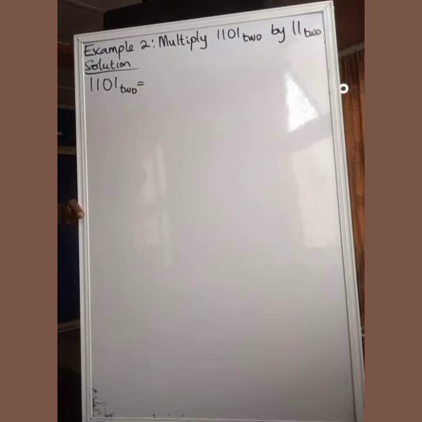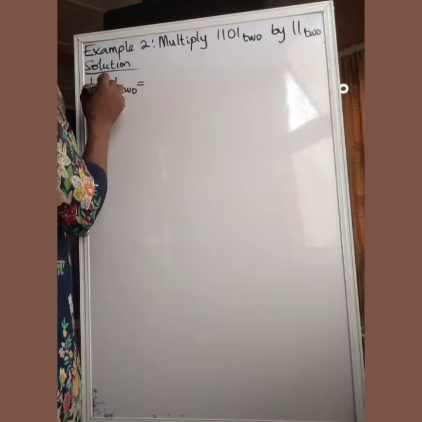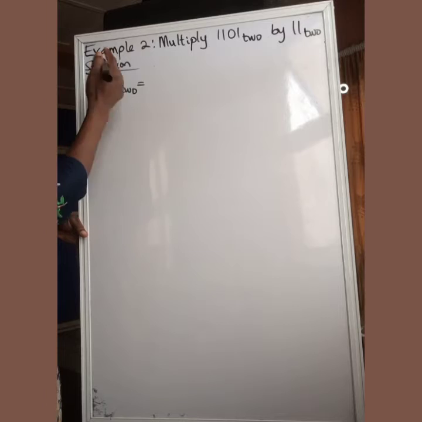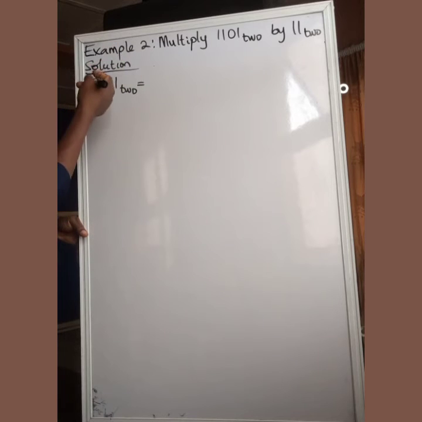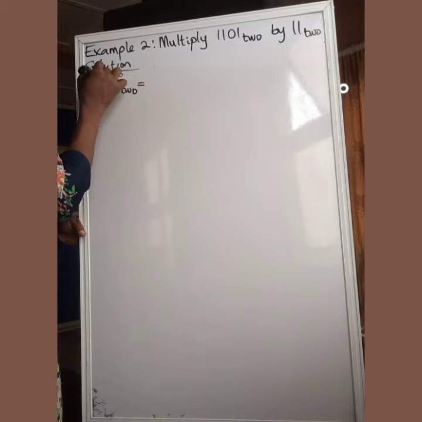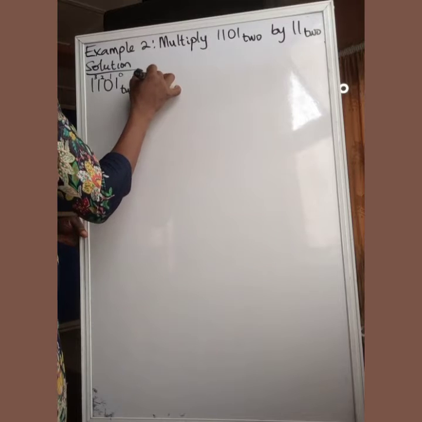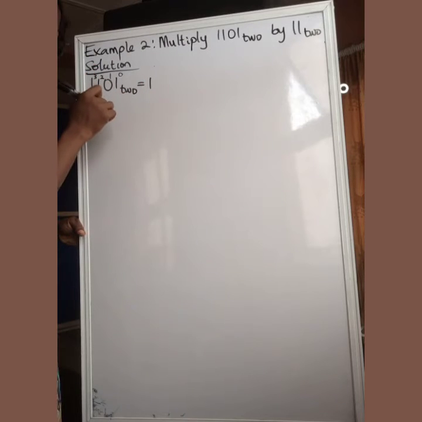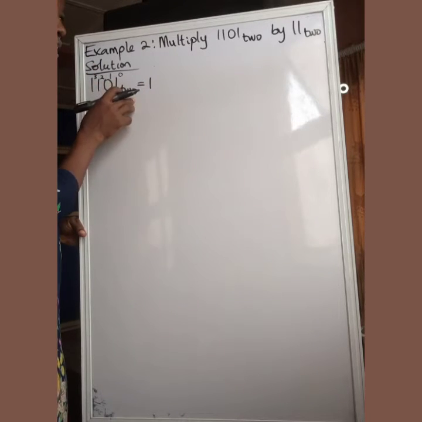In one of my videos, I taught us how to convert from base 2 to base 10. So you label your binary number from the right hand side to the left hand side, the power. So we have 0, 1, 2, 3. So we have 1. You expand with respect to the base and power.